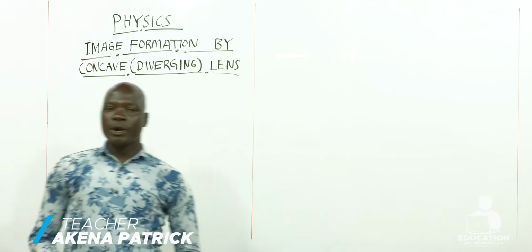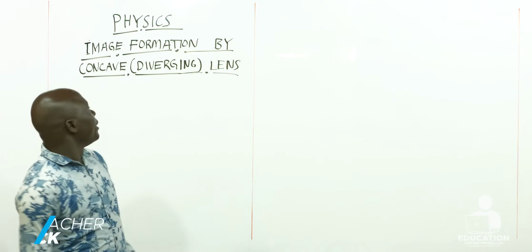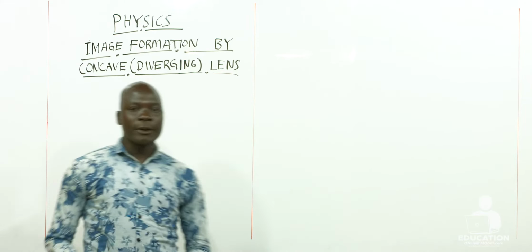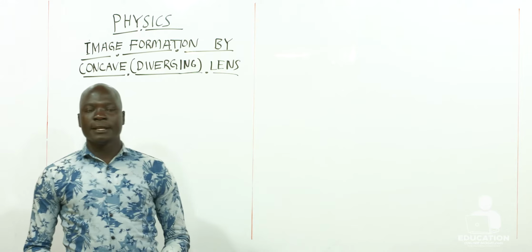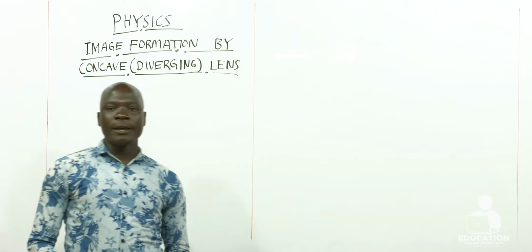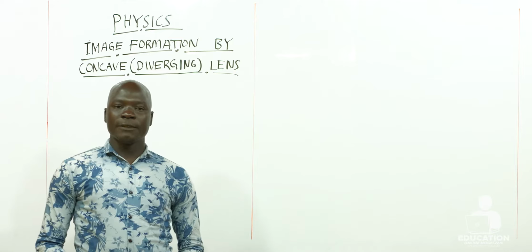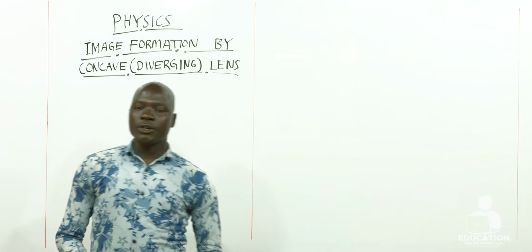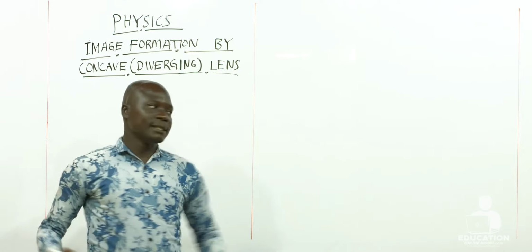So today we are going to look at image formation by a concave or diverging lens. Now before we look at image formation by a concave or diverging lens, we have to know what a concave lens is.